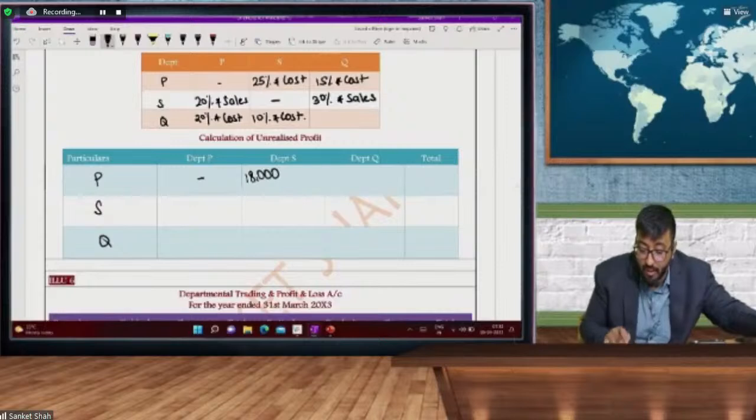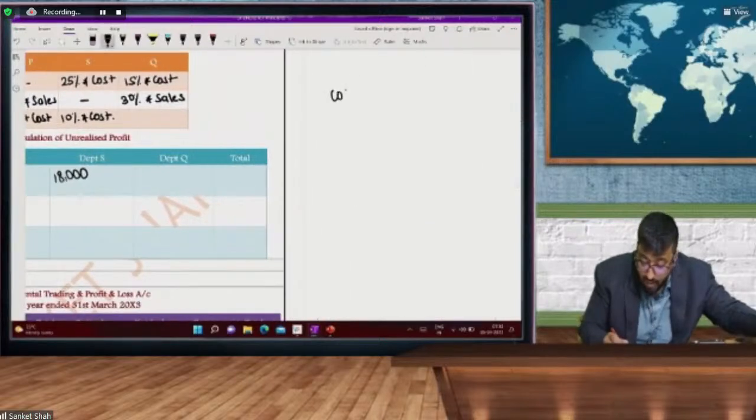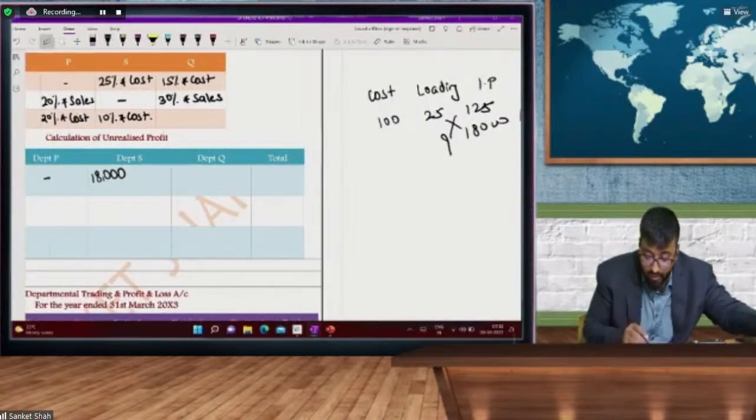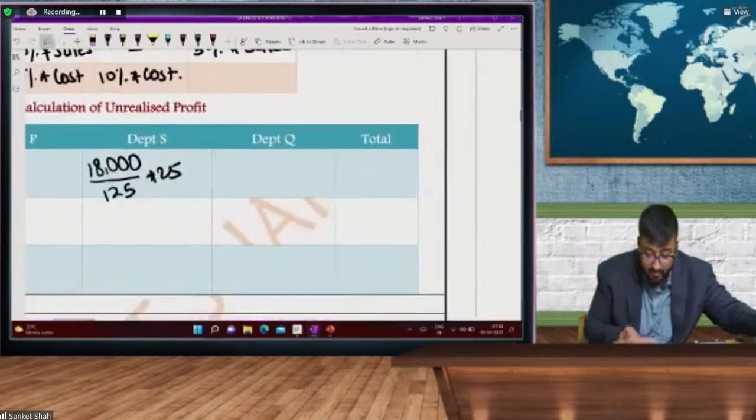Now 25% on cost. So beta, cost, loading and invoice price. 100 is the cost, 25, 125. So 18,000 divided by 125 into 25. So what is the answer? Yes, beta. Pratham.